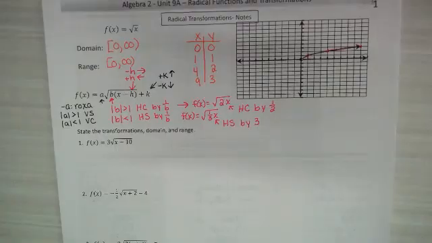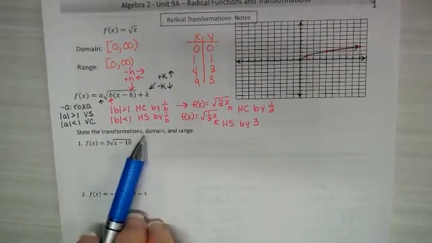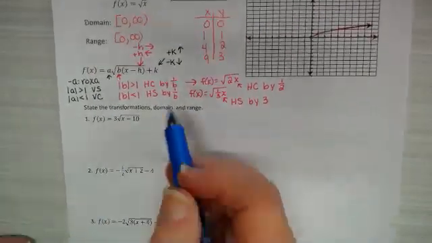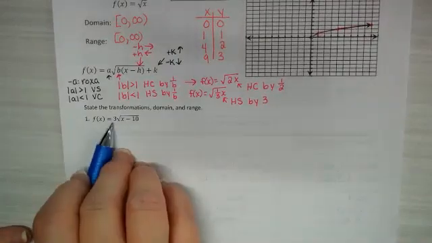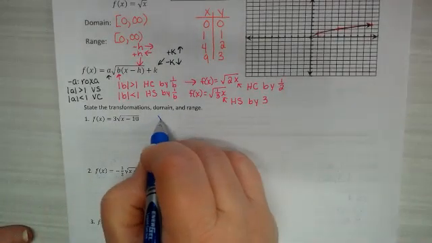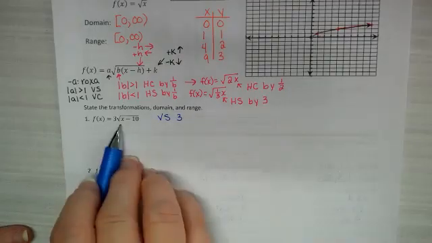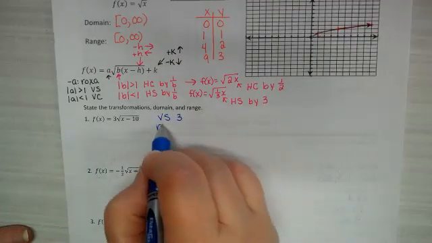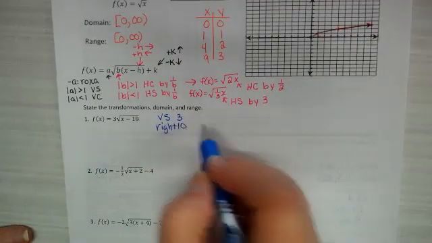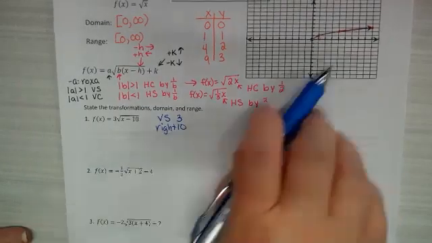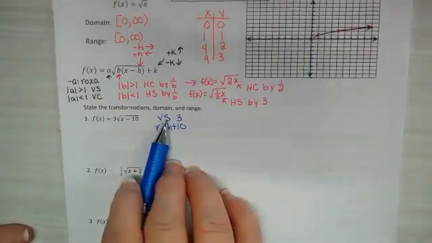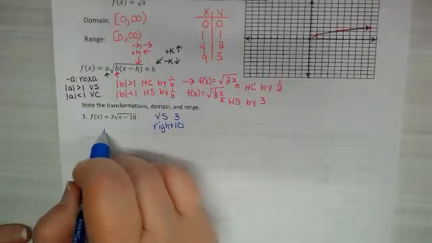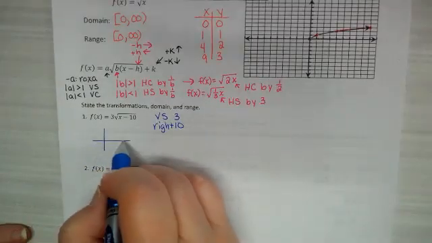All right, so this one, we're just going to talk transformations, domain, and range. So here goes. My transformations here, that 3 is a vertical stretch by 3, and x minus 10 is to the right 10. So if you pictured this graph, we're going to stretch it by 3 and move it to the right 10.